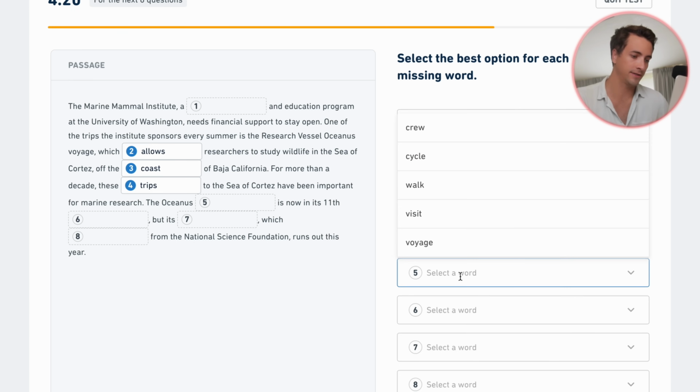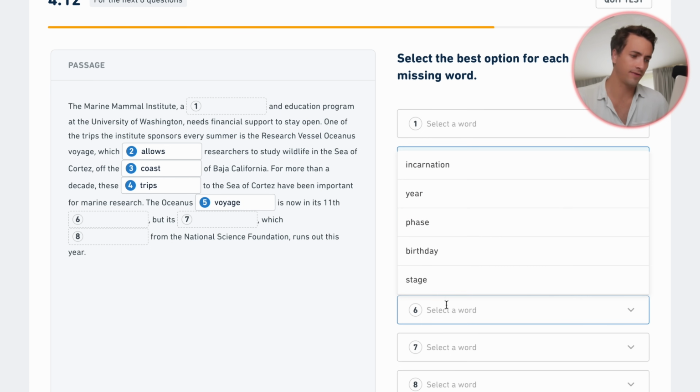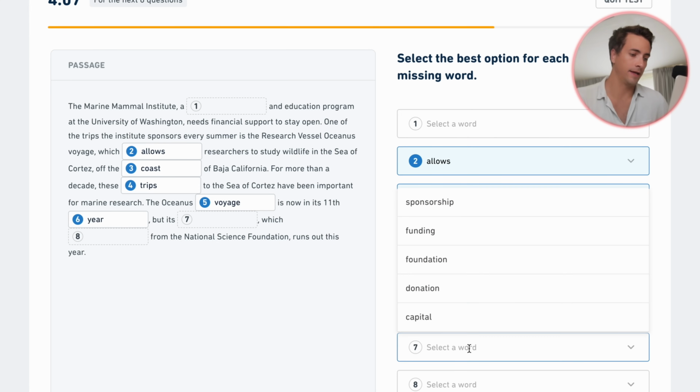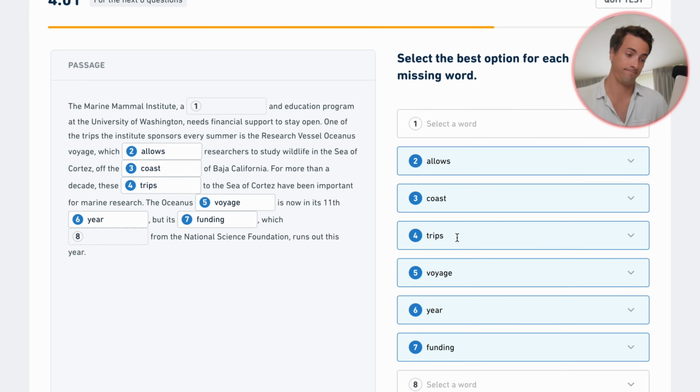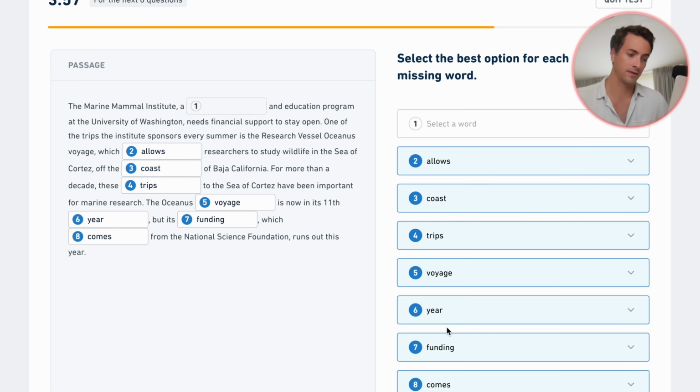The Oceanus Voyage is now in its 11th year, but its funding, which comes from the National Science Foundation, runs out this year.